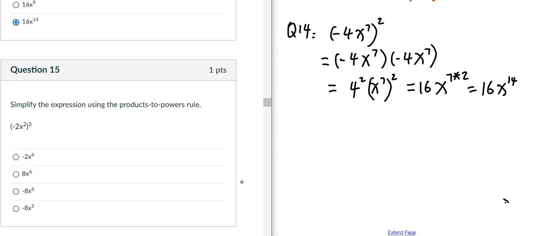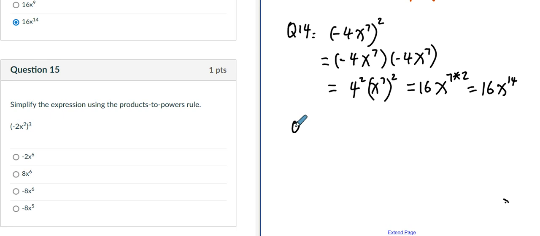All right. Here is question 15. So we then have negative 2 times x squared, cubed. We know this negative appears 3 times, so we know that will be negative. And then 2 cubed, and then x squared, cubed.